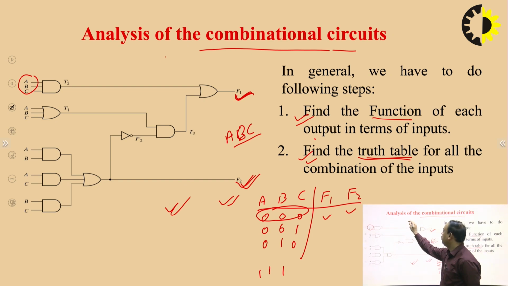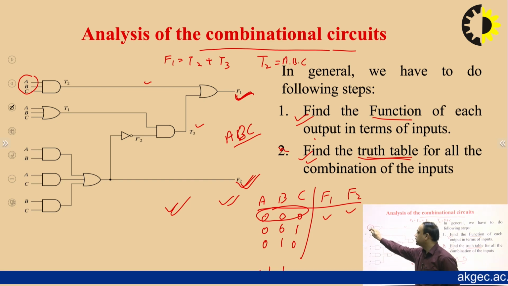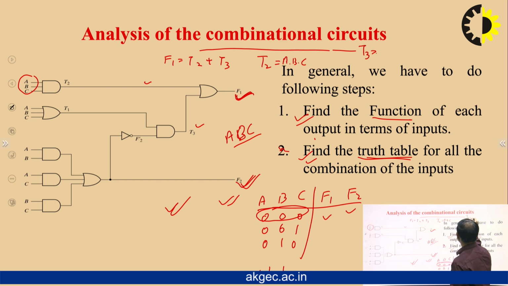For F1, we have to add T2 and T3, that is T2 plus T3, where T2 is A dot B dot C. Here there is an AND gate, where T2 is A dot B dot C, and T3 is the combination of T1 and F2 dash.